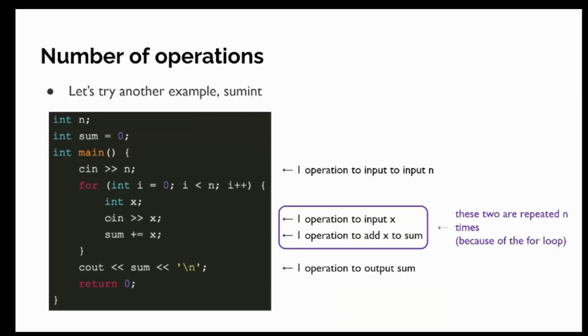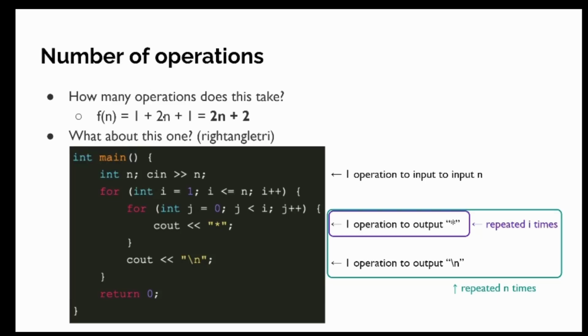Inside the for loop, there are two operations, and we have to do them n times, so 2 times n equals 2n. In total, it takes 2n plus 2 operations to finish this code. And because n is part of this formula, the size of n does affect how long our algorithm takes.